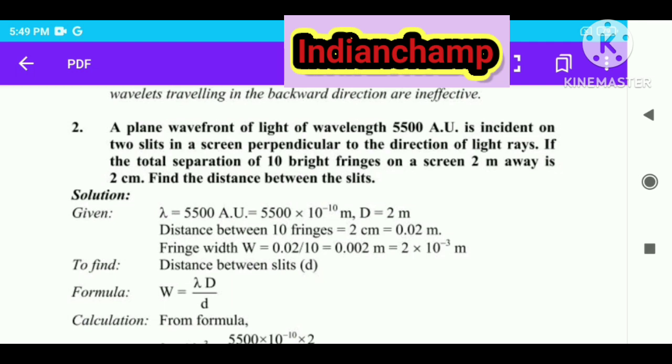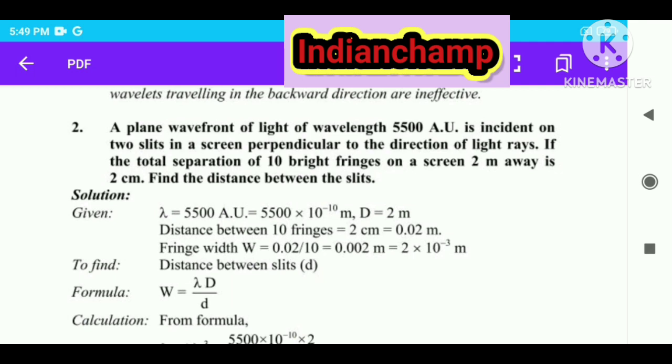Solution. Given: lambda is equal to 5500 angstrom is equal to 5500 into 10 raised to minus 10 meter, converted. D is equal to 2 meter. Distance between 10 fringes is equal to 2 centimeter is equal to 0.02 meter. Fringe width W is equal to 0.02 divided by 10 is equal to 0.002 meter is equal to 2 into 10 raised to minus 3 meter.